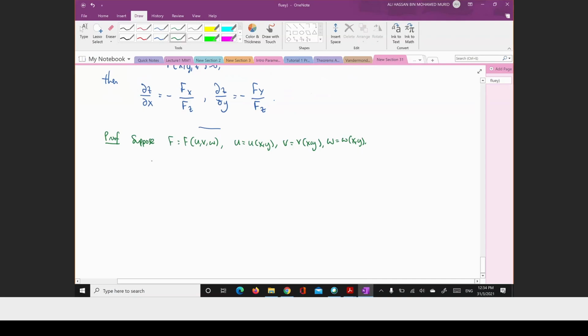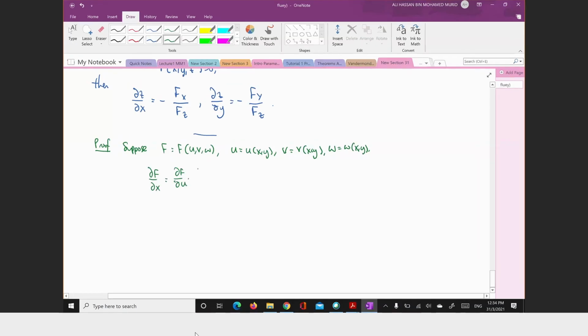So by the chain rule, we have f partial x equal to f partial u times u partial x plus f partial v times v partial x plus f partial w times w partial x, right? Yeah, by the chain rule.